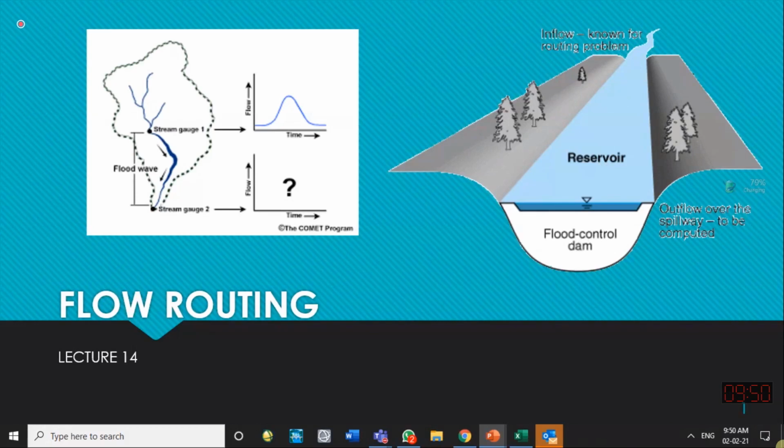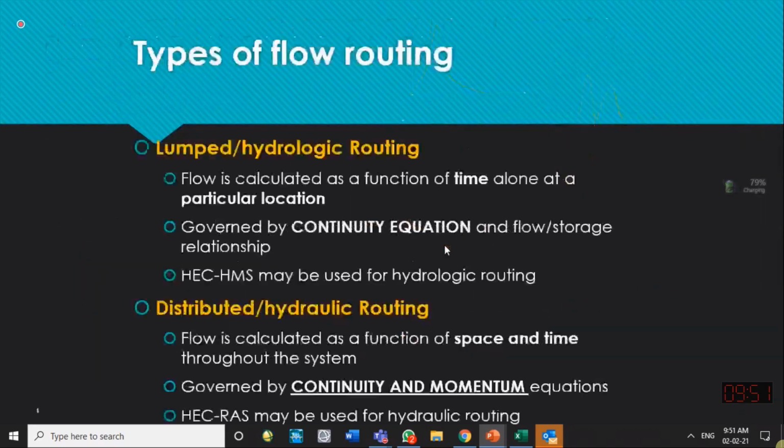We call that temporary storage, and water will also go to the floodplain area, so this also works as temporary storage. The floodplains, with water stored in them, or the prism created at the top of the water surface, can both work as temporary storage.